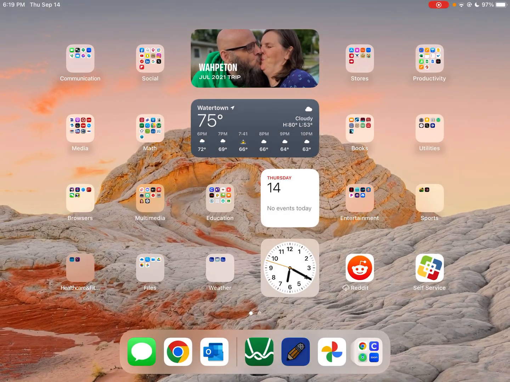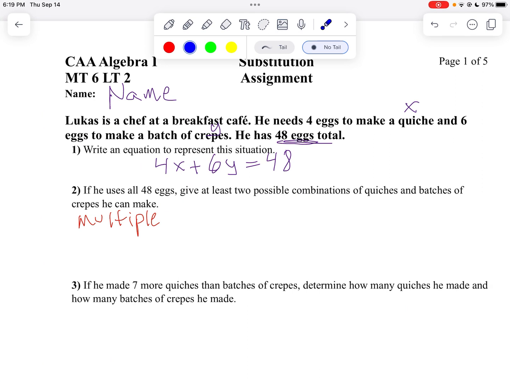Now, if we take a look at question number 3, we have a second equation here we can use. So in our second equation, it says he made 7 more quiches than crepes. So my second equation, since quiche is x, that'll equal y plus 7. Now, to solve this by substitution, I'm going to replace my x with y plus 7.